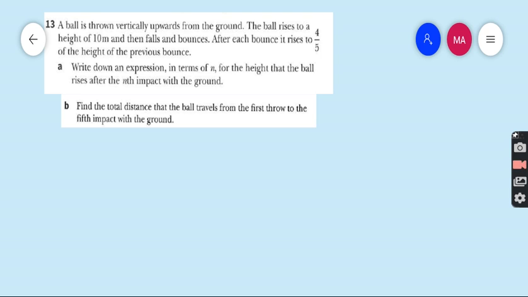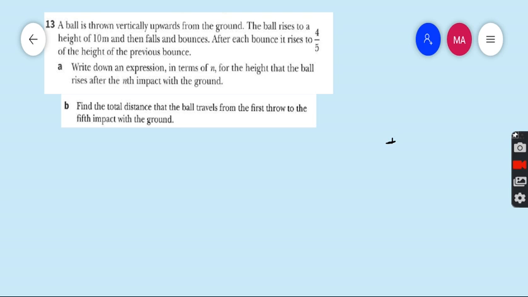Let's draw a rough graph of this question. A ball is thrown vertically upward from the ground. Let us suppose this point is the ground. The ball rises to a height of 10 meters.